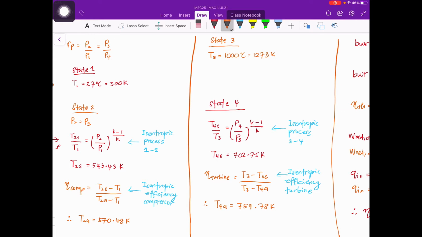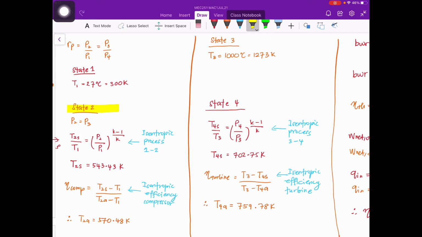Now we are going to determine the temperatures for each state for the cycle. For state 1, the temperature is given from this question, which is equal to 27 degrees Celsius, and please do not forget to convert this into unit Kelvin. For state 2, we know that the pressure for state 2 is equal with the pressure for state 3.